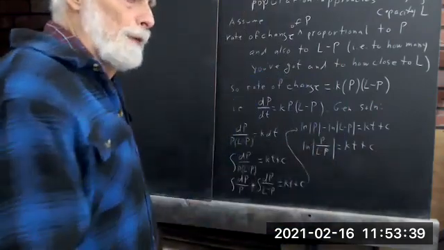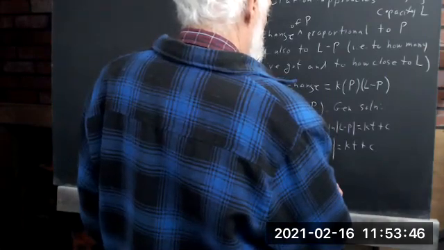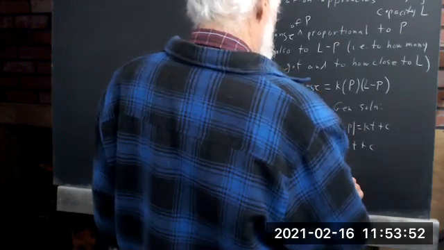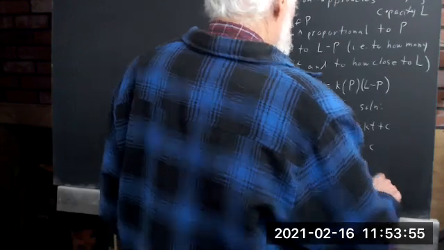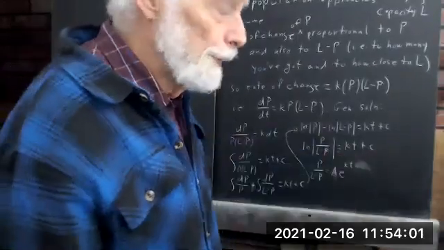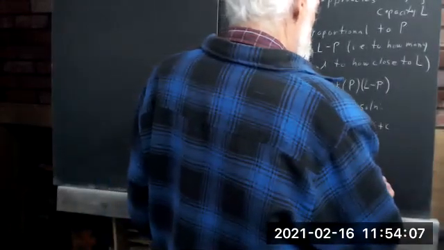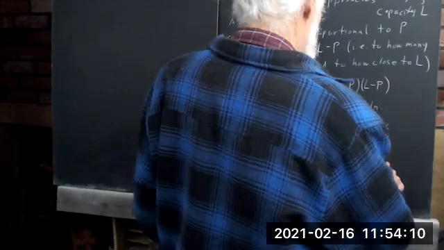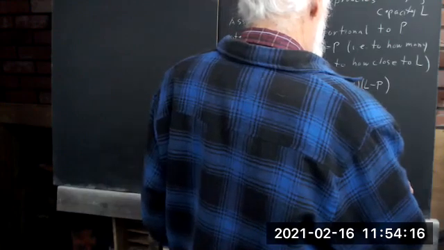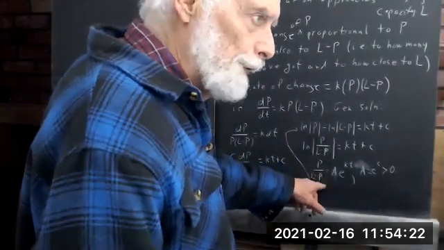Natural log of the absolute value of P over L minus P equals kt plus C, so that P over L minus P equals A e to the kt, where A is equal to e to the C, C being an arbitrary constant, and that has to be greater than 0. Now, we're going to actually have the absolute value sign around this.